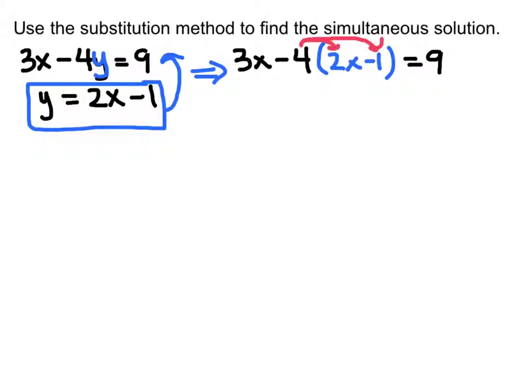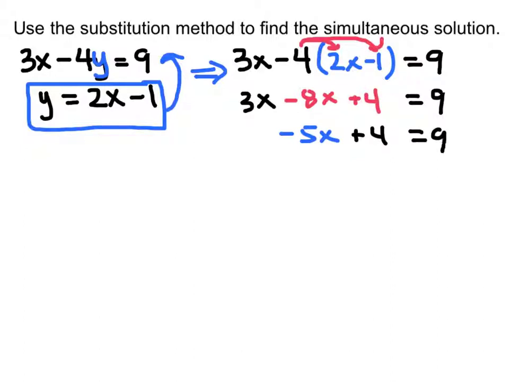So our equation becomes 3x minus 8x plus 4 equals 9. We will then combine like terms. So 3x minus 8x is negative 5x plus 4 equals 9.